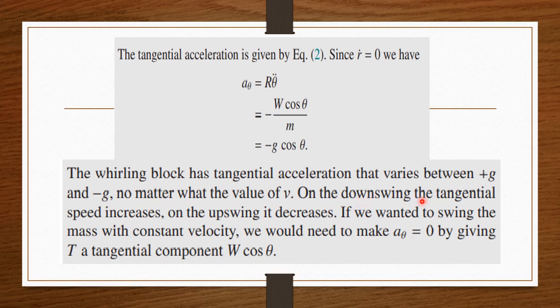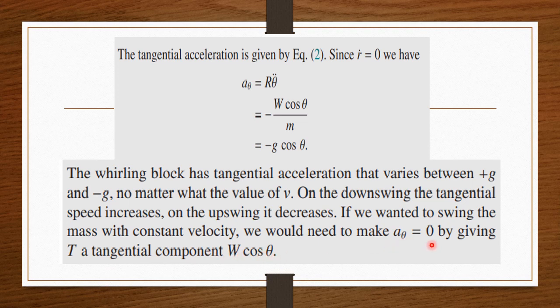On the downswing the tangential speed increases and on the upswing it decreases. If we want to swing the mass with a constant velocity, we would need to make a_theta 0. We want to make a_theta equal to 0 by giving T a tangential component to balance W cos theta.